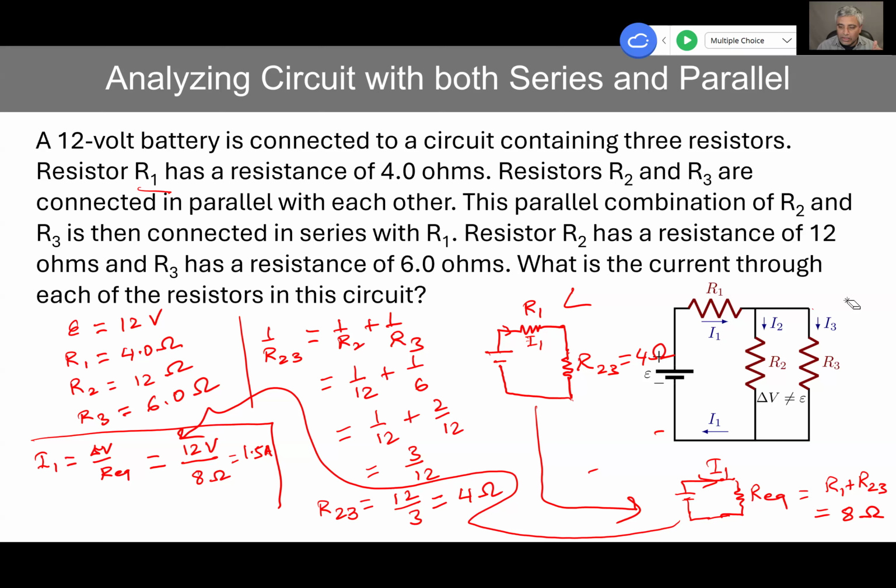One, I think I have done in the note, where I do, okay, now there is this I1 and R1 we know, so that means we know delta V1, which is 1.5 times 4, which is 6 volt, right? So if it is 6 volt over there, the remaining, 12 minus 6, is 6 volt here. So that's how it's going to split. And that makes sense because this is 4 ohm, this is also 4 ohm. So equal resistance, same current, same voltage. So 6 volt and 6 volt.